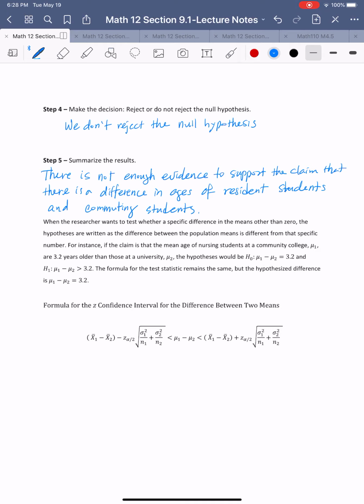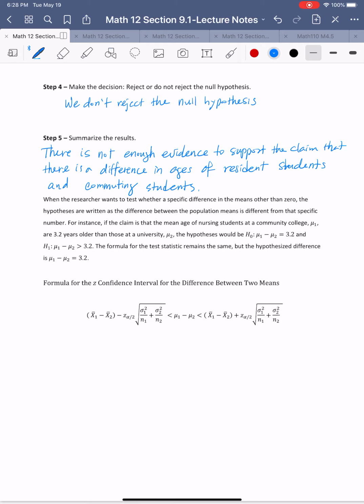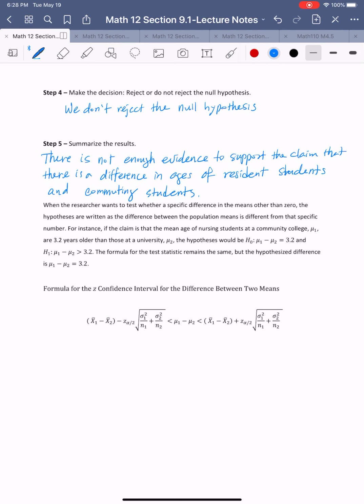All right, the next one, we can also test the hypothesis by the confidence interval. When the researcher wants to test whether a specific difference in means is other than 0, the hypotheses are written as the difference between the population means compared with a specific number.